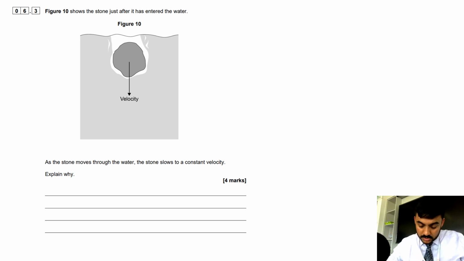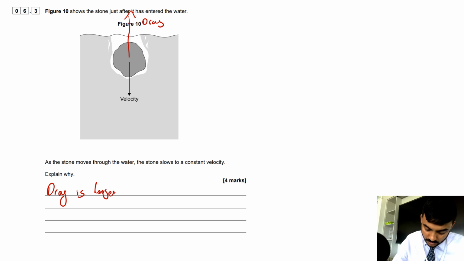It's moving at a high velocity, but it has more drag, because the fluid of a liquid is more dense than a fluid of a gas, so more particles are hitting the stone, therefore the stone is being slowed down because the magnitude of the force upwards, which is the drag, is greater than the magnitude of the weight downwards. So we say drag is larger than weight.